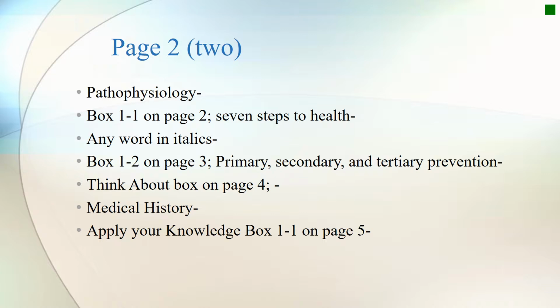Also look at box 1.2 on page 3, primary, secondary, and tertiary prevention. This just tells you about different stages of prevention. Primary, the goal is to protect healthy people from developing a disease or experiencing an injury in the first place. What can you think of?